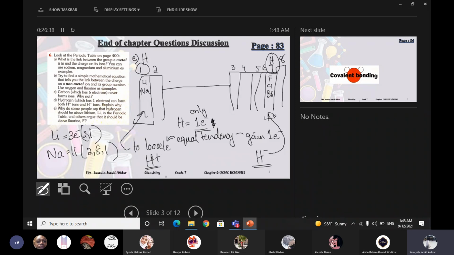All of these alkali metals have one electron in their outermost shell, and hydrogen also has only one electron in its outermost shell. That is why preferably they put hydrogen above lithium. But sometimes you find hydrogen in the middle also in some periodic tables, like if you search the periodic table on Google. Teacher, in the middle? Yeah.